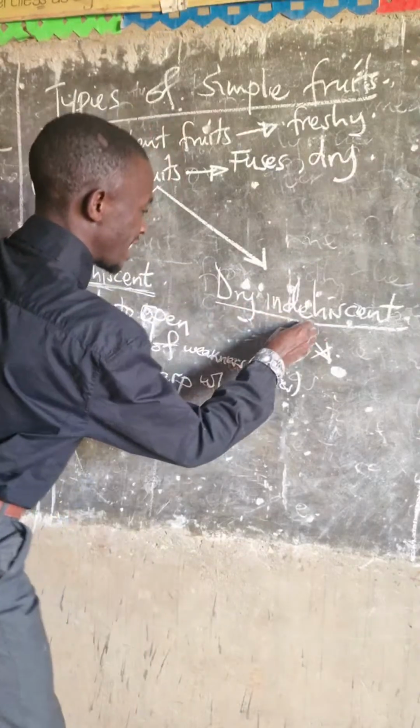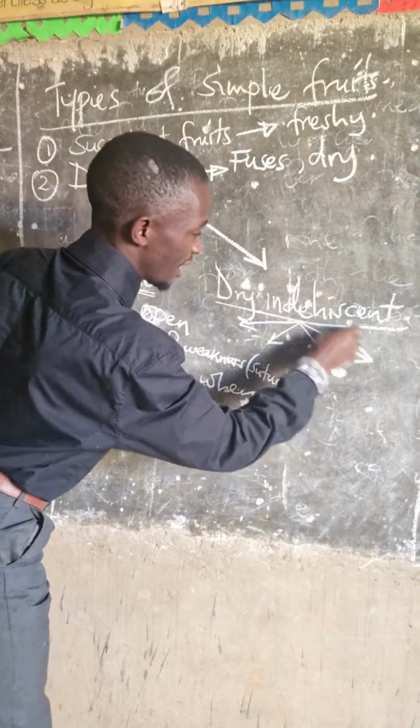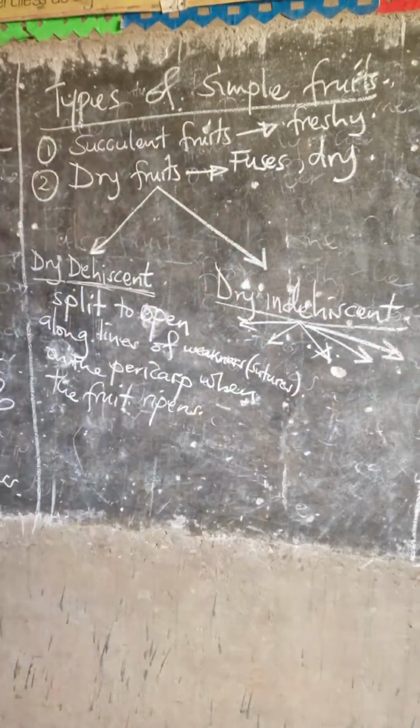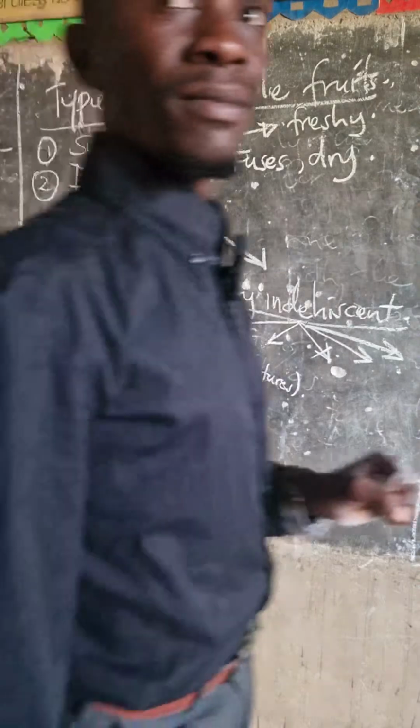We shall look at the other categories of these indehiscent fruits later, but let's look at the dry dehiscent fruits in detail, if you don't mind, if you don't have any questions.